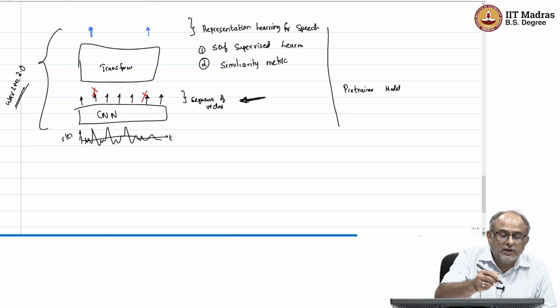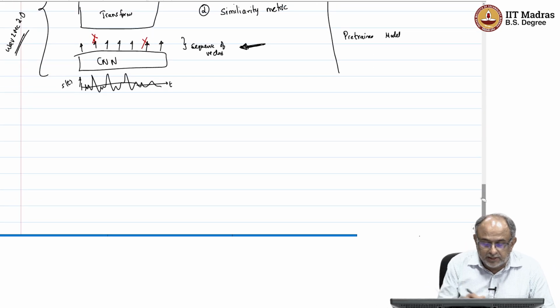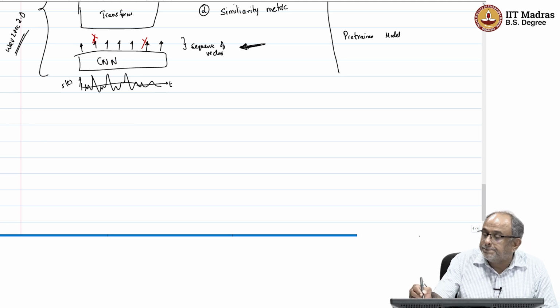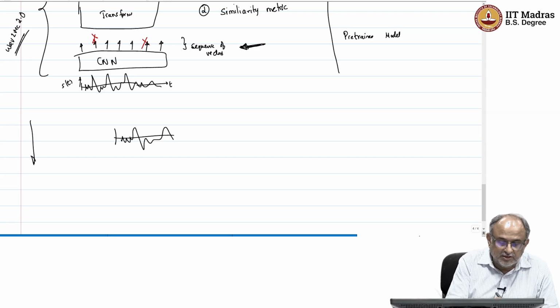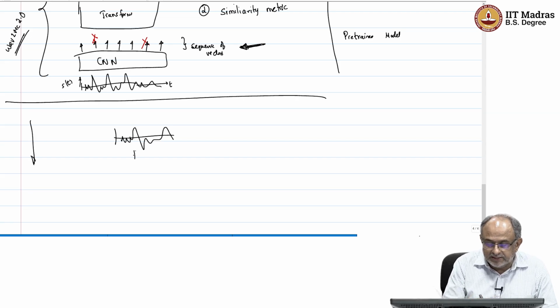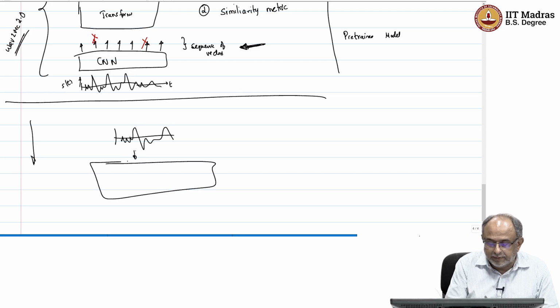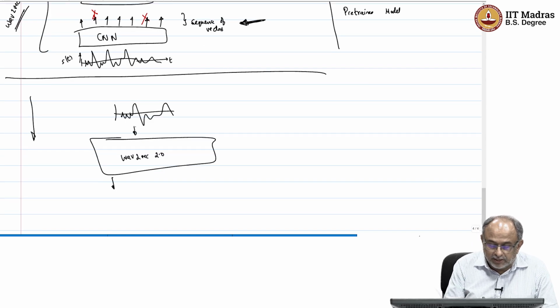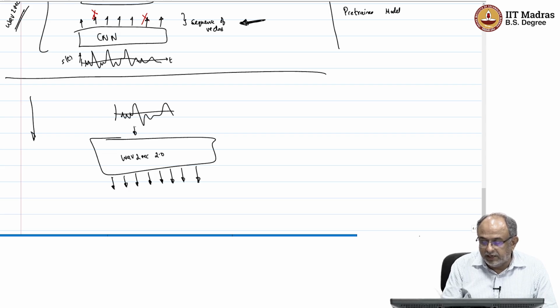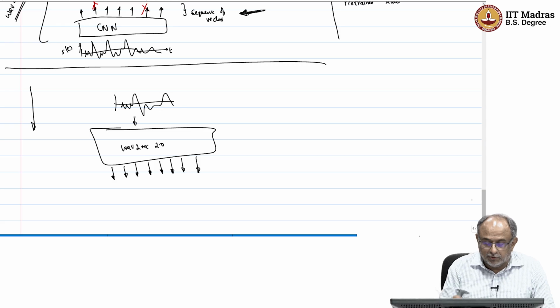I am going to take the speech waveform and pass it through wav2vec 2.0. I will generate some kind of features or representation for this sentence, and this we think is very good.